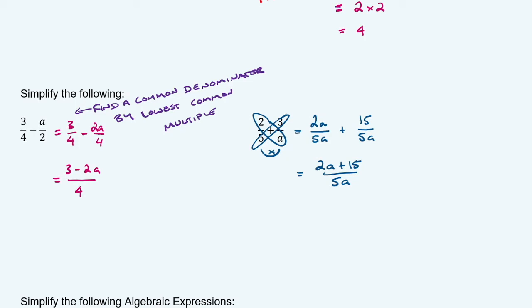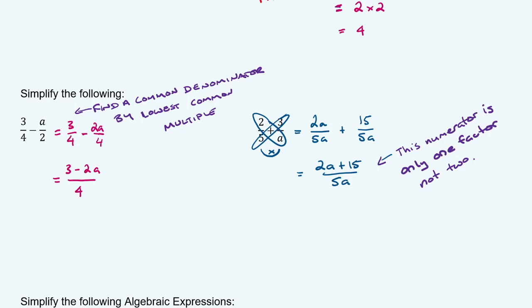Problem is, the numerator over here is only one factor, not two. So because it's only one factor, I can't actually reduce anything. Okay, so that's as simple as it gets.